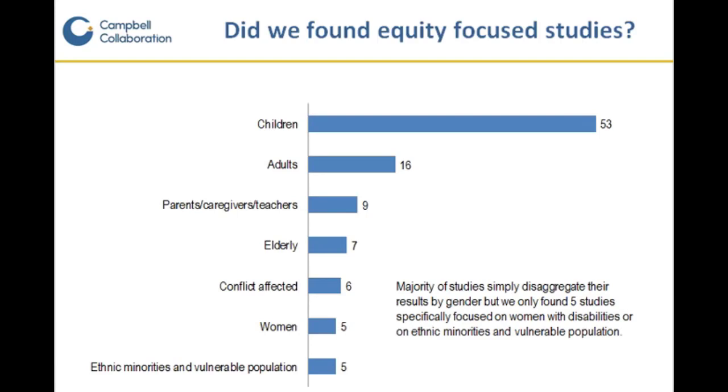So as a finding, we identified that there are fewer studies specifically related to these populations, and there is a need to generate more evidence and have studies specifically focusing on these aspects.